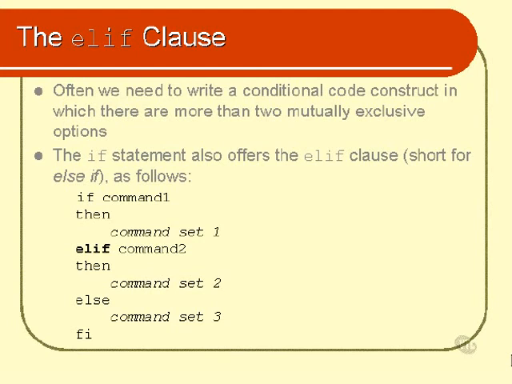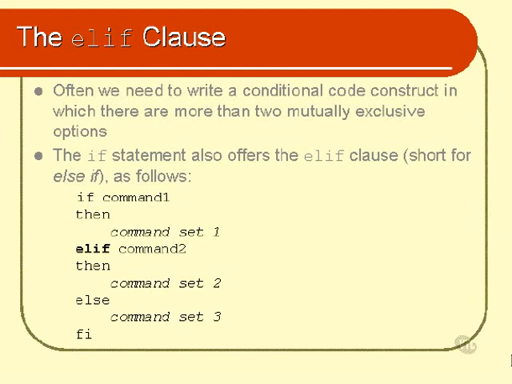So in other words, it will only run if the first command produced an error or a false condition. And at that point we'll run command 2, which will itself produce a true or false value. And if that's true, then we run command set 2, otherwise we run command set 3.